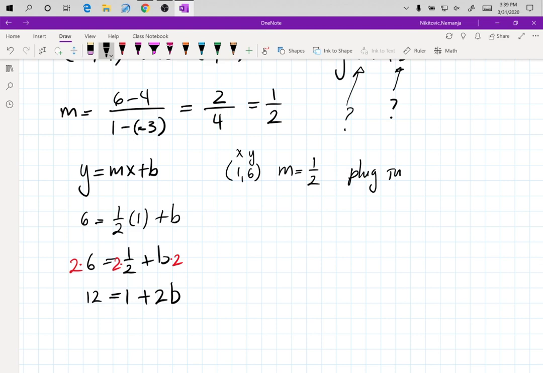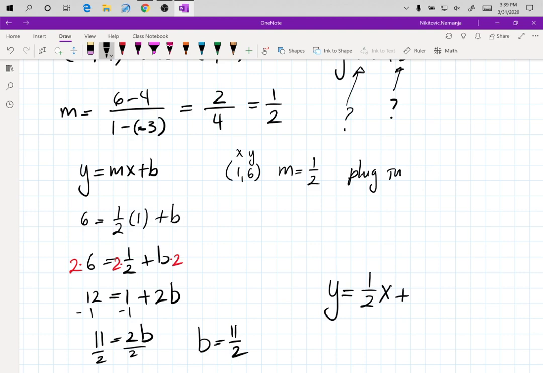And now, take away 1 on both sides. We have 11 equals 2b. And we finally divide both sides by 2. b equals 11 over 2. So, y equals 1/2 x plus 11 over 2 is the answer.